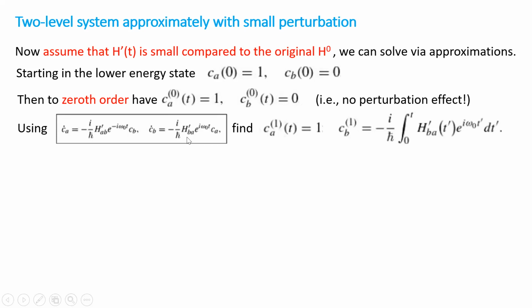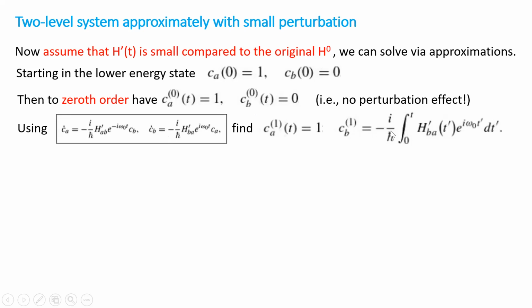And then for Cb, we plug in Ca equal 1. So we'd have Cb dot equal minus i over h bar H_BA prime e to the i omega t times 1. We can just integrate that directly to get Cb, which is what we've done here.